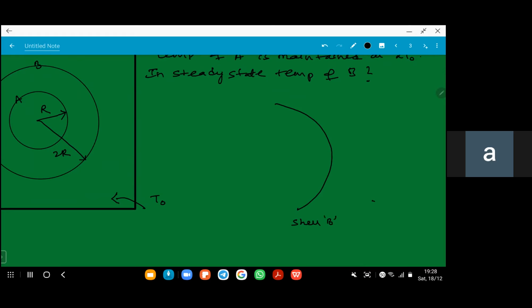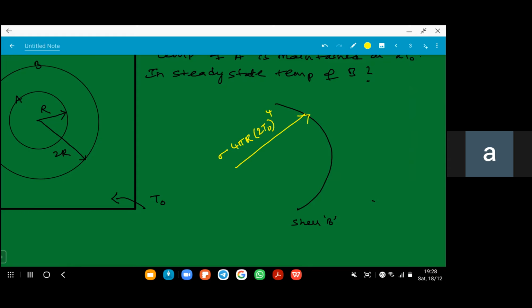So what exactly does shell B receive? Shell B receives directly from A sigma 4 pi R squared, 2T naught to the power of 4. Right?